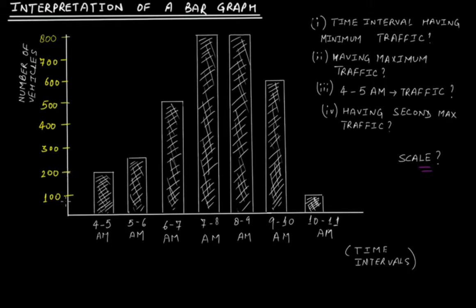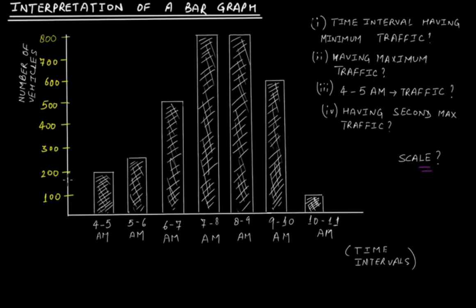If you can see here, we start from 0, that is at this point. After 0 we have 100, then 200, then 300, and 400. Now if you take any two numbers, the initial number and then the next number, the difference between the two numbers is always 100. 200 minus 100 is 100. 300 minus 200 is 100. 400 minus 300 is 100.